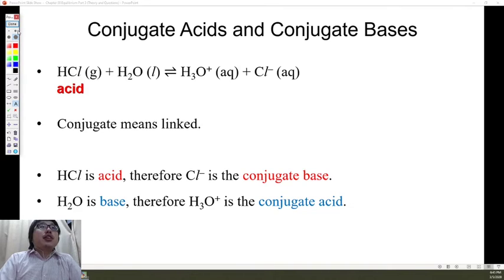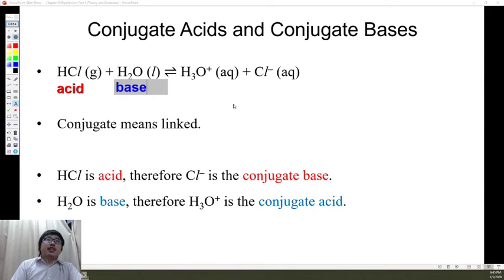Because H2O accepts the proton, it is a Bronsted-Lowry base. What has this to do with equilibrium? We acknowledge these two, acid and base. Don't forget, this is an equilibrium reaction.